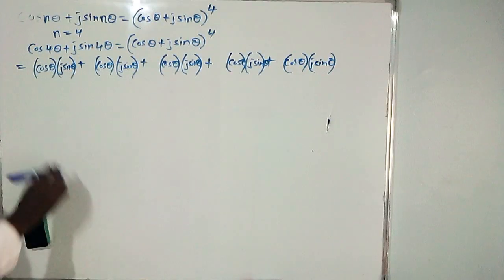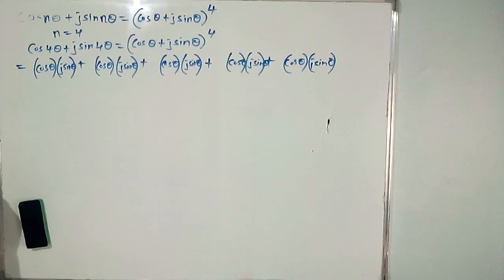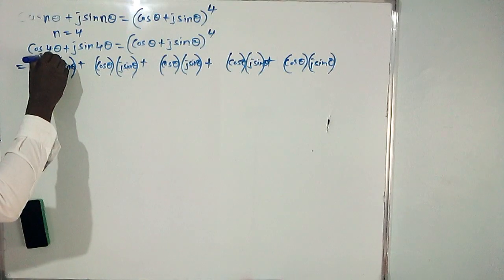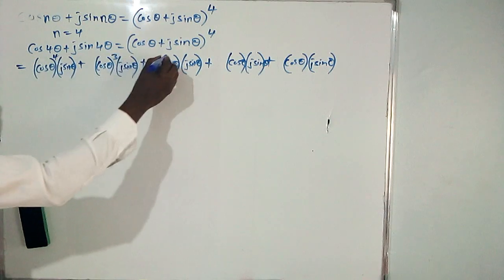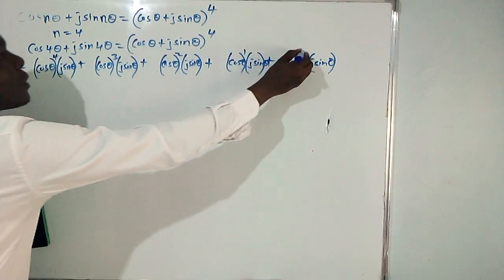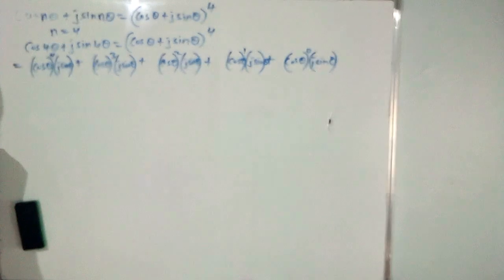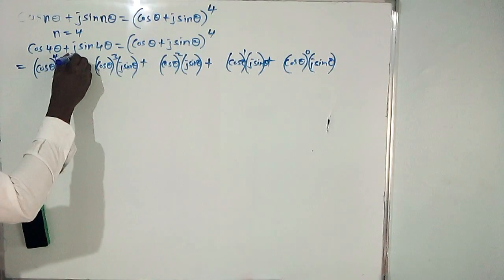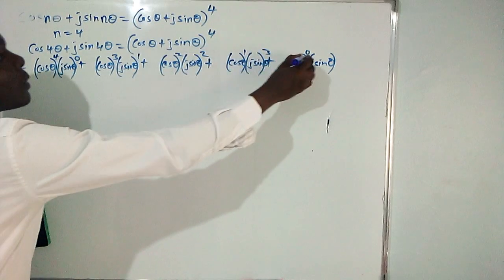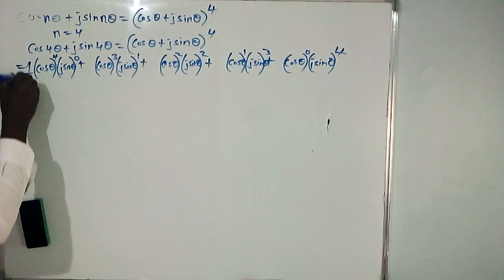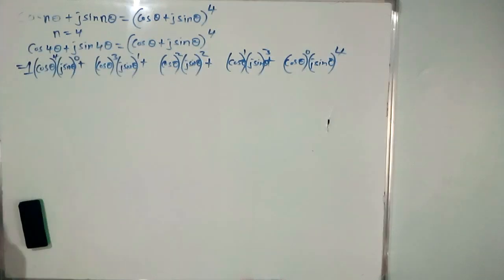Then you put the powers. One power is ascending, one power is descending. The power of cos theta descends, so you start with cos raised to power 4, power 3, power 2, power 1, power 0. The other one ascends: power 0, power 1, power 2, power 3, power 4. Then you put the coefficients. When the power is 4, the first coefficient is 4 combination 0, you get 1.